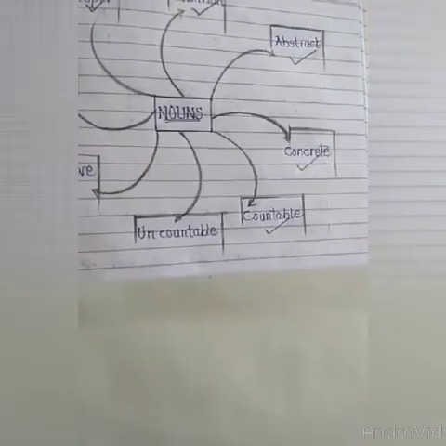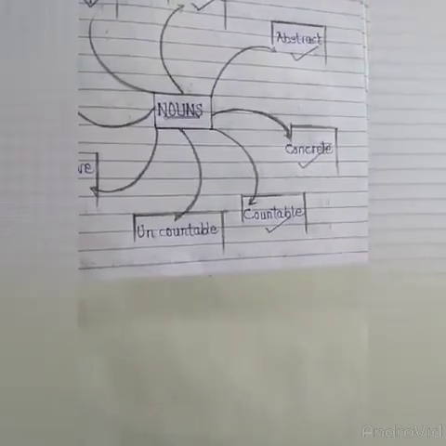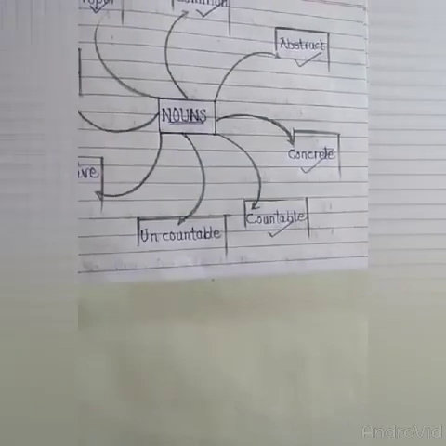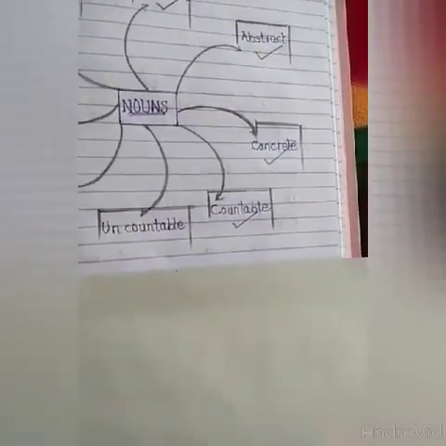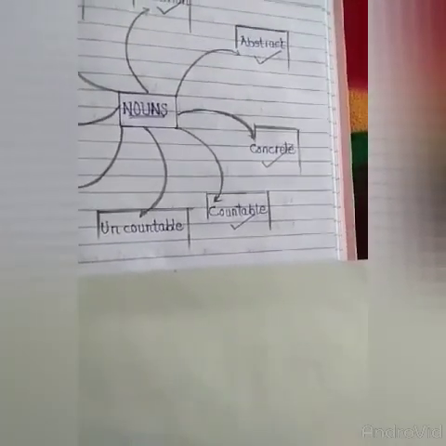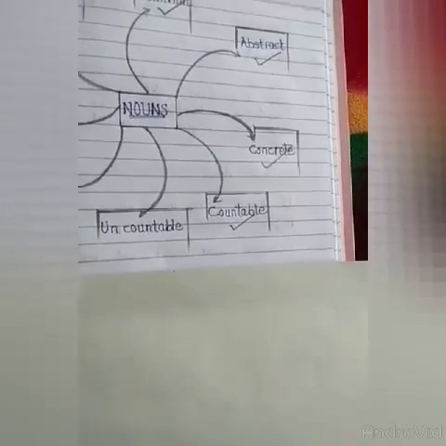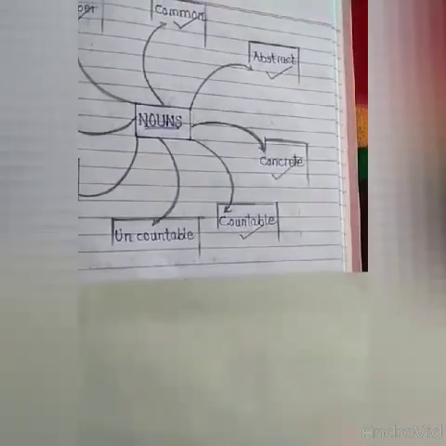We put either a or an or words like the, these, that, my, and so on before them. For example, an apple. Apple is countable. We are able to count apples. The table, this pen, your book, and so on. So, this type of noun is known as countable nouns.